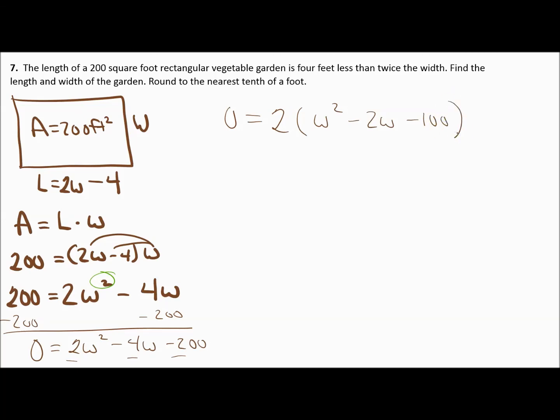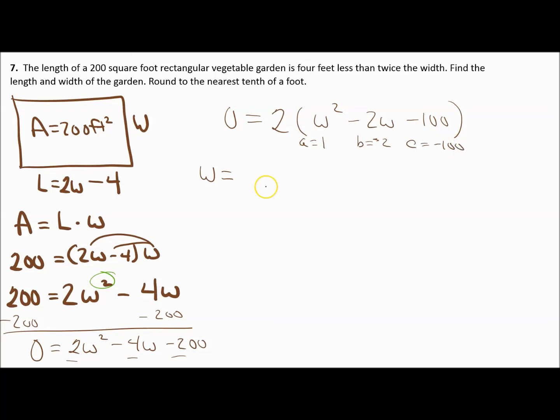Okay, so now if I were to factor this, I'd have to find numbers that multiply to be negative 100 and add to be negative 2. And my quick scan of numbers tells me I can't think of anything that does that. So what do we do? Use the quadratic formula. W equals, and notice my A is 1, my B is negative 2, and my C is negative 100.